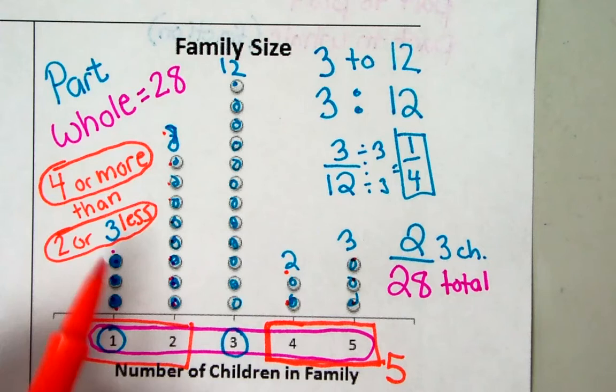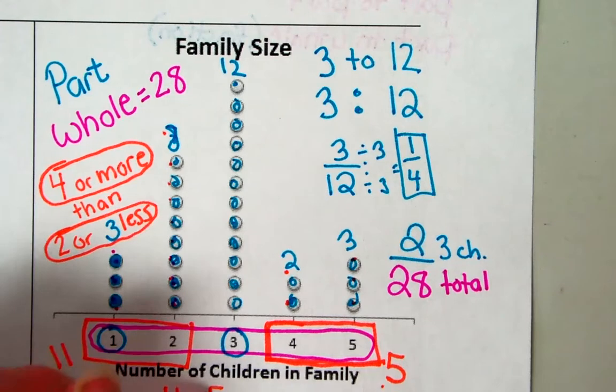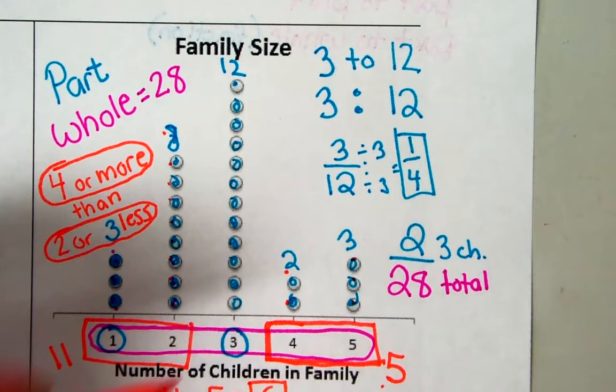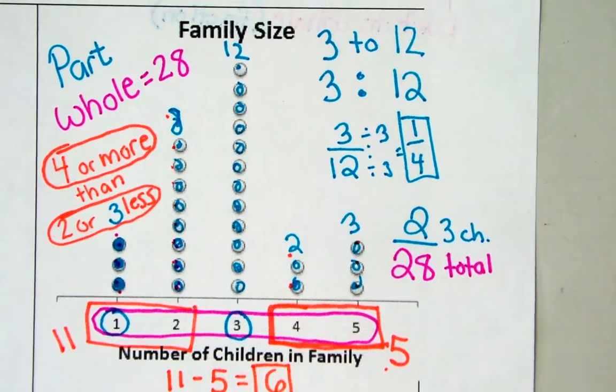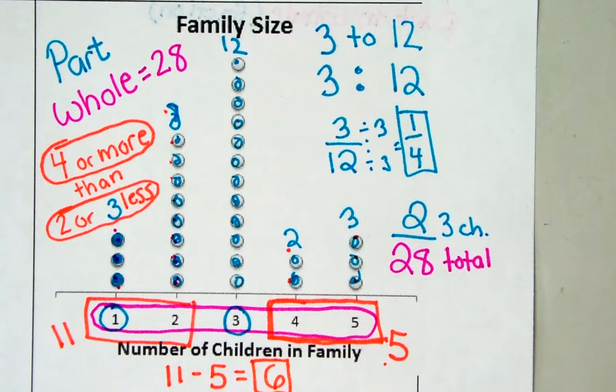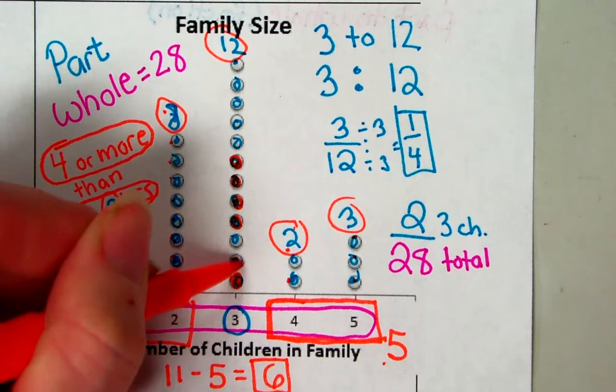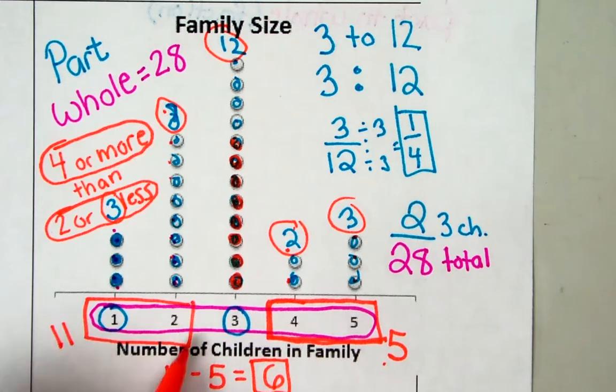We can easily see that there are 5 families that fit into that category. 1, 2, 3, 4, 5. For 2 or less, you can count 1, 2, 3, 4, 5, 6, 7, 8, or use your numbers. 8 plus 3 will give you 11 that fit in the category of 2 or less. So how many more families have 1 or 2 children than have 4 or more? You could just do 11 minus 5 and get 6.